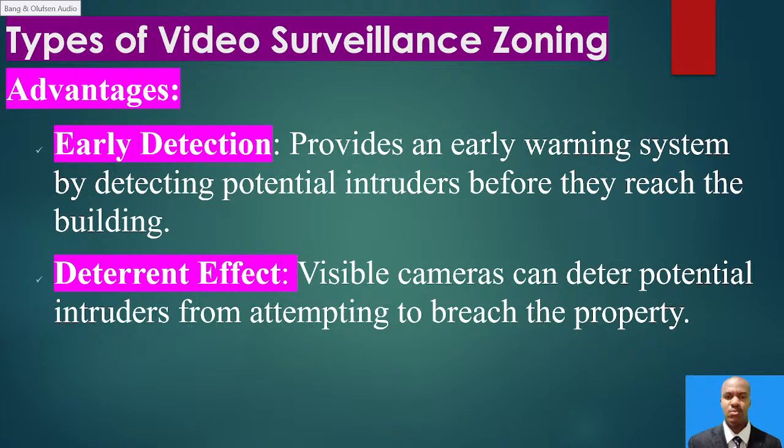For example, take a high school scenario whereby you have students who are not well behaved. If the students are not afraid of jumping over the fence, once you install this perimeter zoning security system, that behavior of jumping over the fence will cease.